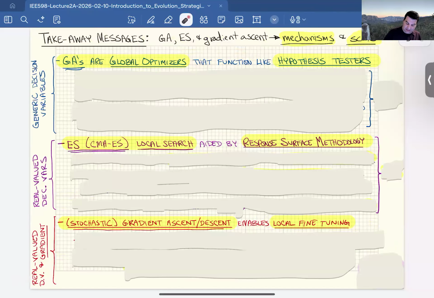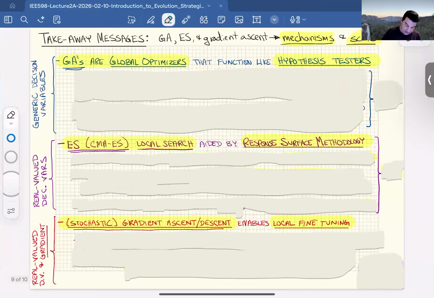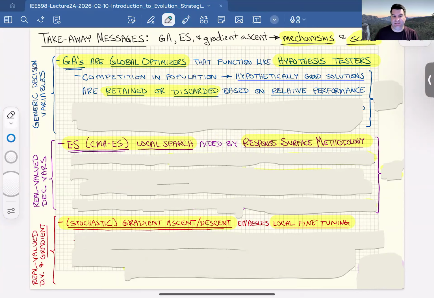All right, so takeaway messages. I don't want to keep us longer here, so I'm just wrapping up. The idea is that GAs are global optimizers, and they're basically hypothesis testers.